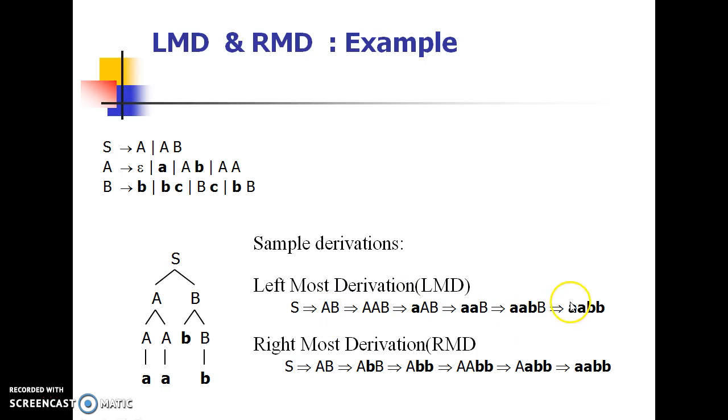So at each step of the derivation, we choose the leftmost variable in the sentential form, which has to be replaced by its definition. Similarly, in the rightmost derivation, we choose the rightmost variable for replacing it by its definition. So these are the derivations for a string that belongs to the language, either using LMD or RMD.